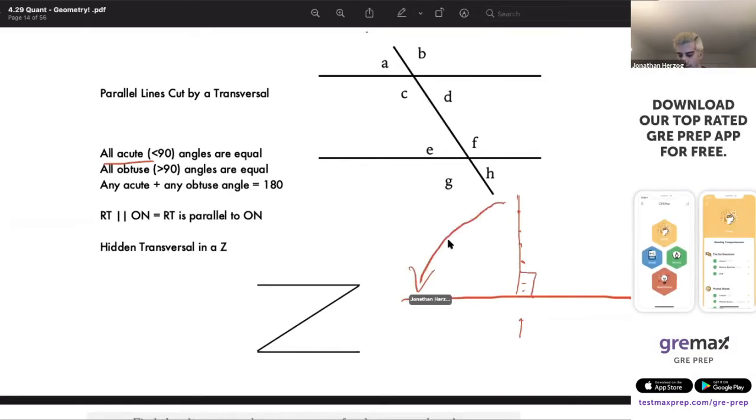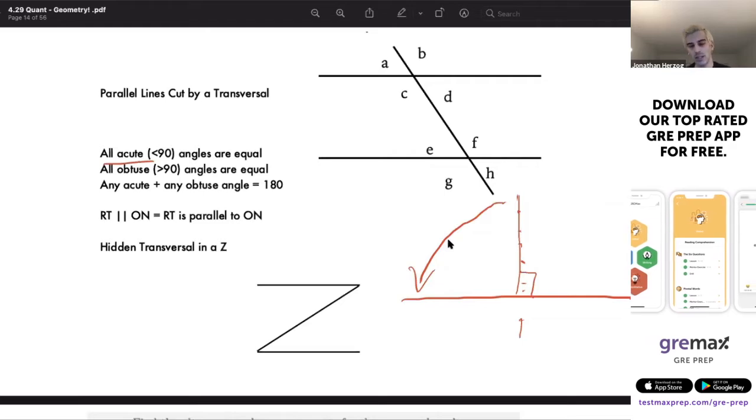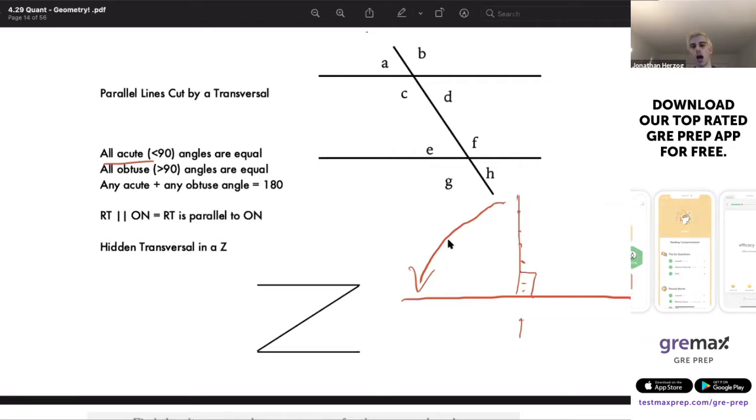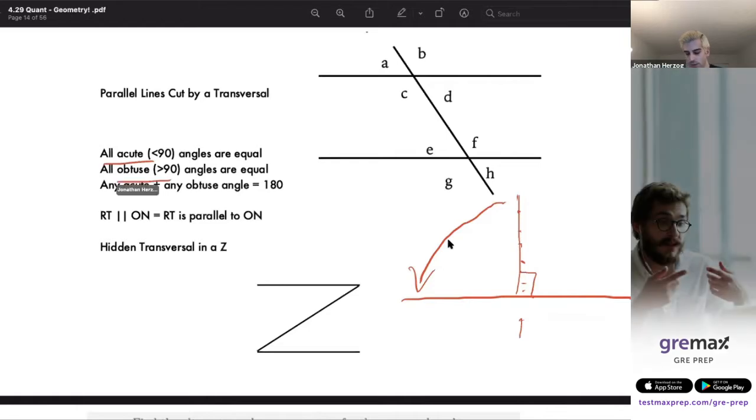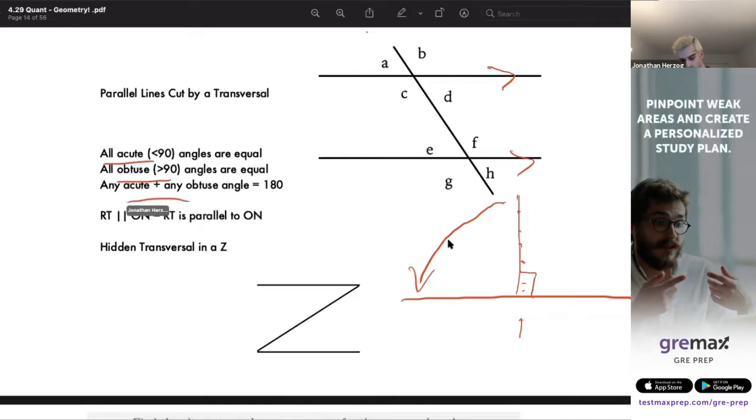That brings us all the way down to the 180-degree mark that constitutes the line. All acute or less than 90-degree angles are equal. All obtuse or greater than 90-degree angles are equal for parallel lines cut by a transversal. And any acute plus any obtuse angle is equal to 180.